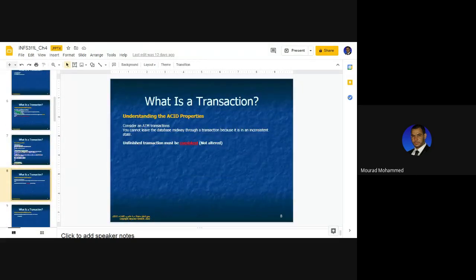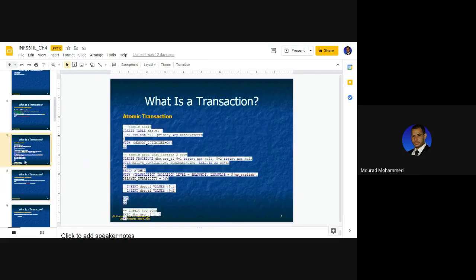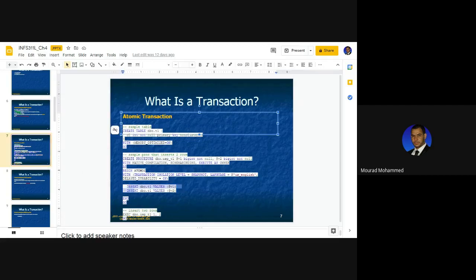The second property is consistency, in the context of terminating or finishing the transaction. Here, in the example, we have only two queries inside the procedure.